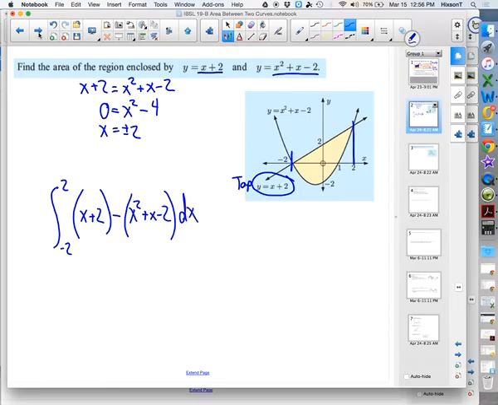Now, simplify first. Integral from -2 to 2 of, we have a negative x squared. We have x minus an x, so that's gone. We have 2 minus a -2, so that's plus 4.